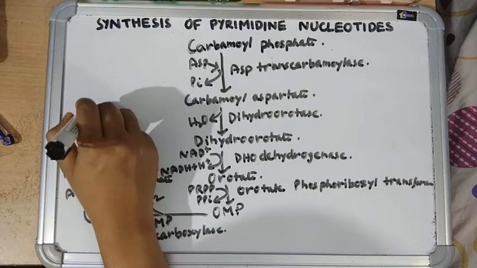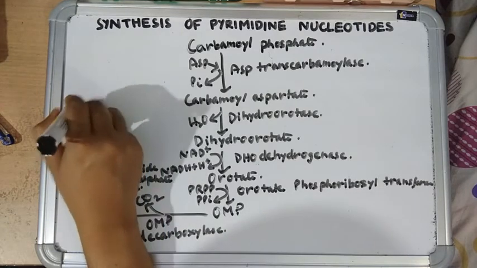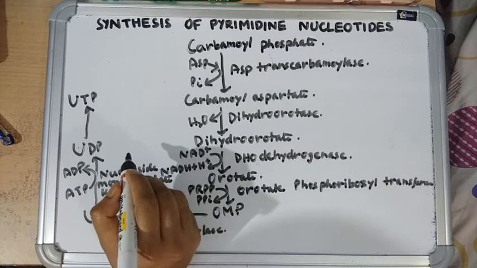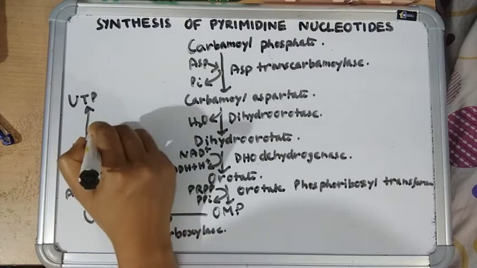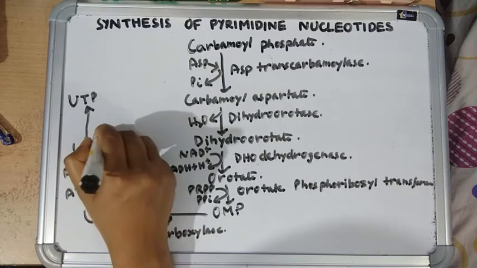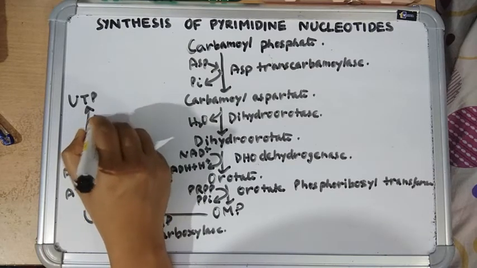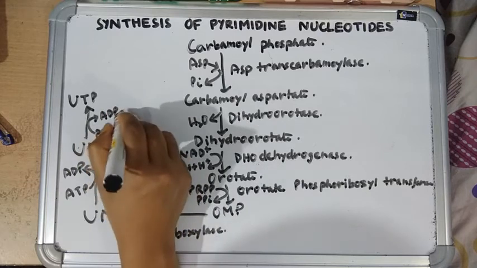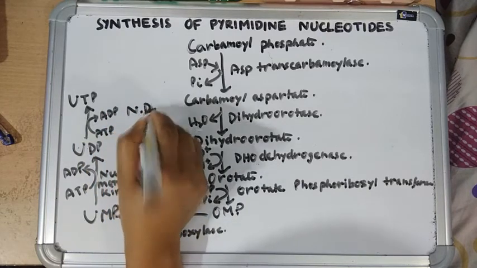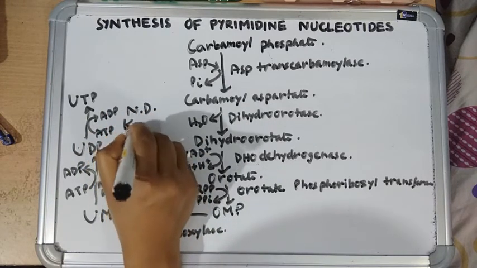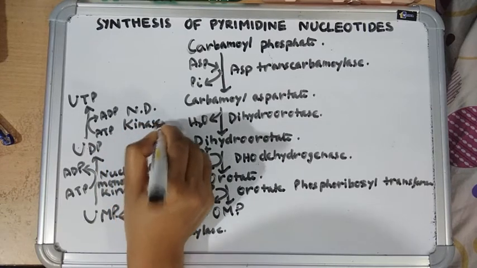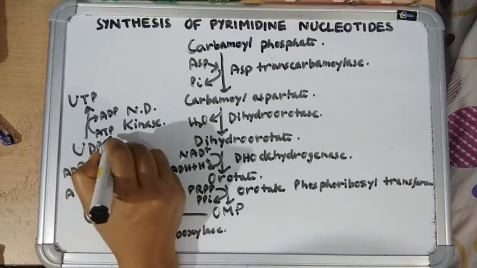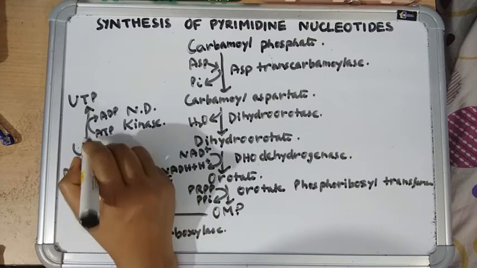From uridine diphosphate, uridine triphosphate is formed by another phosphorylation by any of the nucleoside triphosphates, by the enzyme nucleoside diphosphate kinase. So this enzyme has a broad specificity. So any other nucleoside triphosphate can phosphorylate UDP to form UTP.